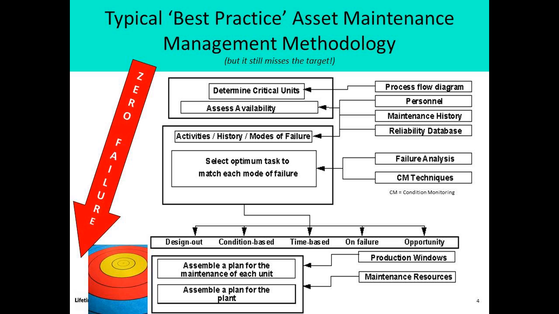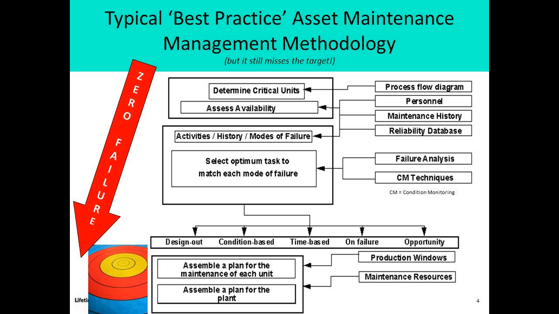So there'll be failure modes, failure causes. We want to understand those from our various reliability databases in our company, in other companies, or around the world. This tells us what can make the units fail that will then cause availability to drop. So we want to understand where to focus our efforts.